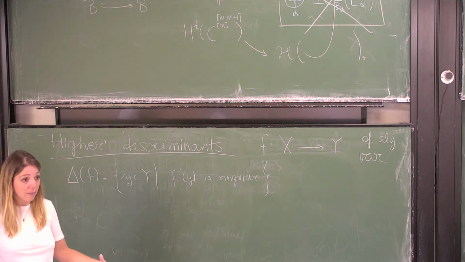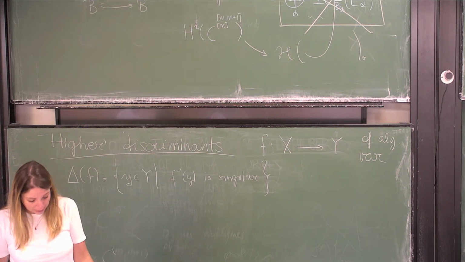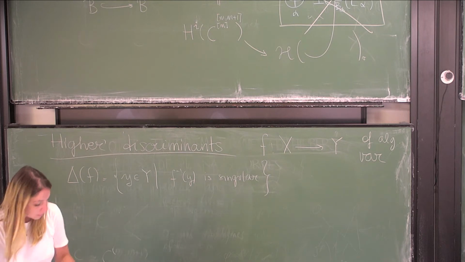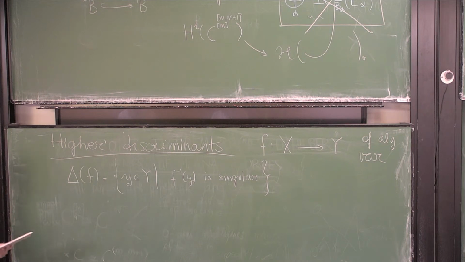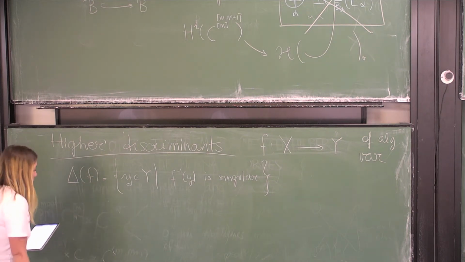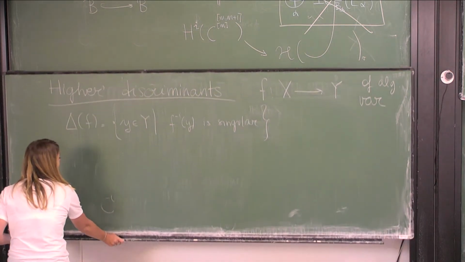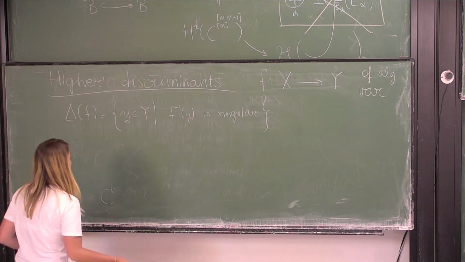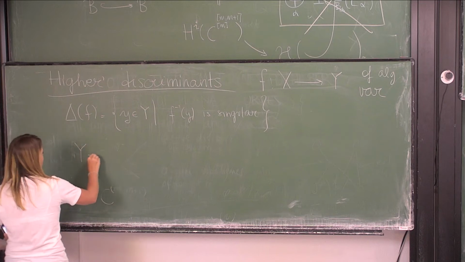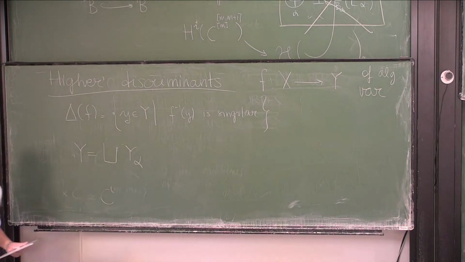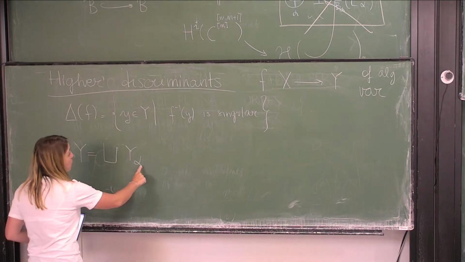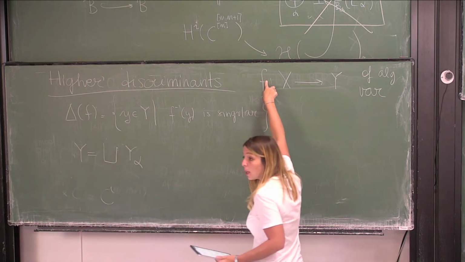But we need to be a little more specific about what we mean by disc. By disc, I mean that I can stratify my target variety Y with respect to the map f.